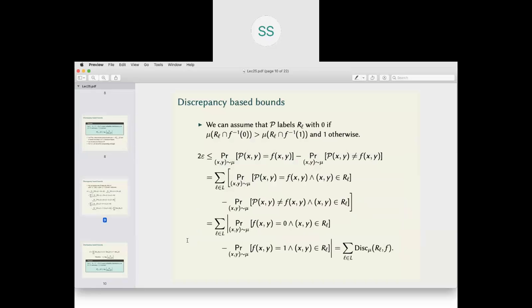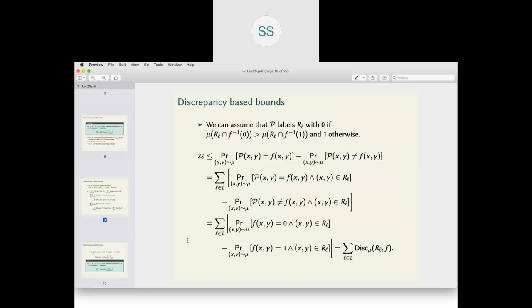Now we assume that for each leaf, the protocol labels it. The protocol labels RL with 0 if 0s are greater in measure in that rectangle, and 1 if 1 is greater in measure in that rectangle.